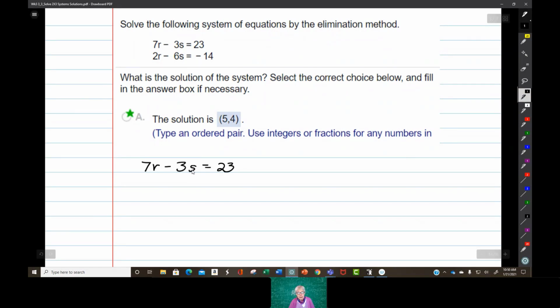S's are very dangerous. They look like 5s, so you have to be careful to try to make it look like an S. 2r minus 6s equals negative 14.